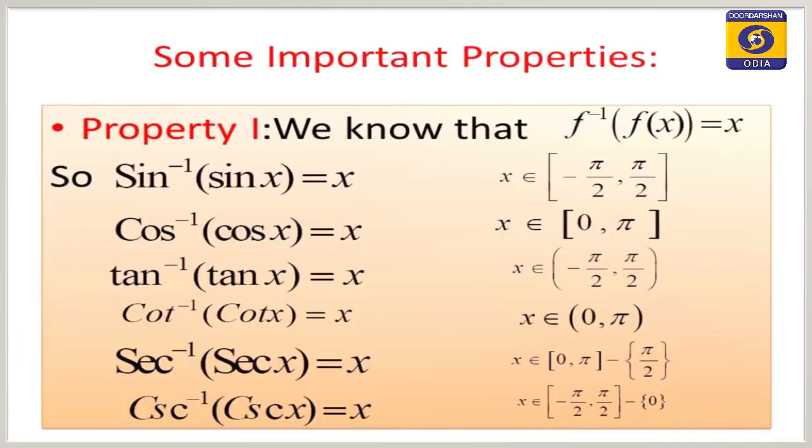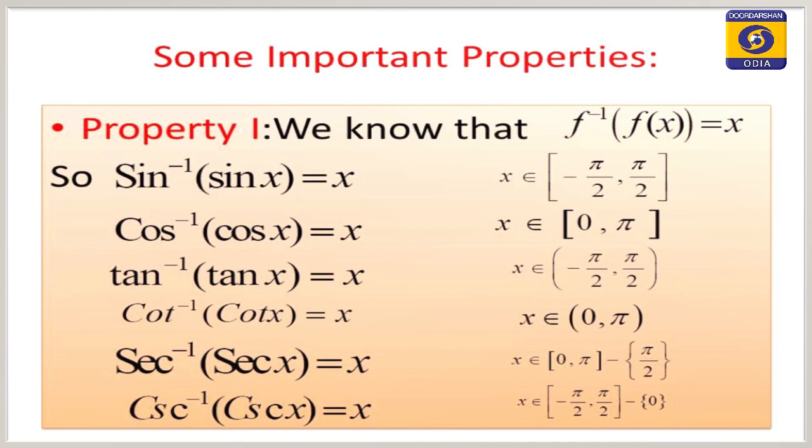Similarly, tan inverse tan x is equal to x, where x belongs to the open interval of minus pi by 2 to pi by 2. So the restrictions are minus pi by 2 to pi by 2 closed interval in the case of sin, 0 to pi in the case of cos, and the open interval of minus pi by 2 to pi by 2 in the case of tan.